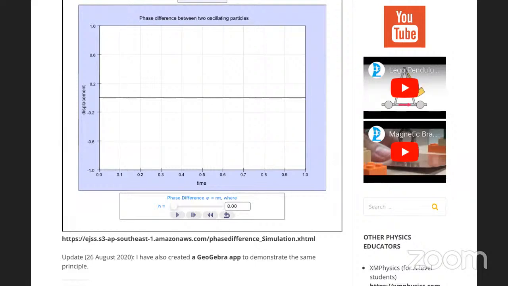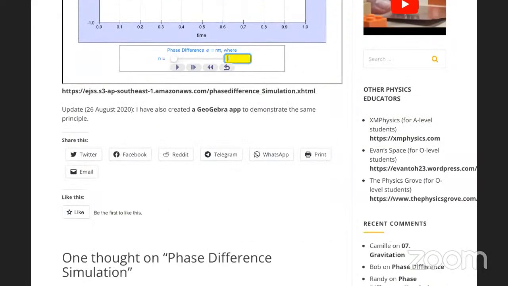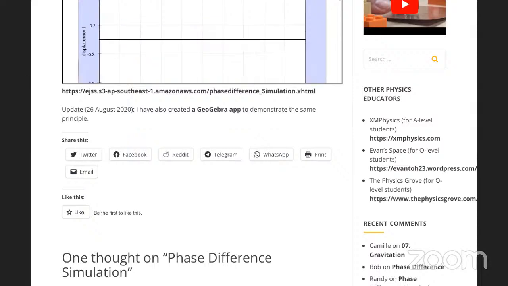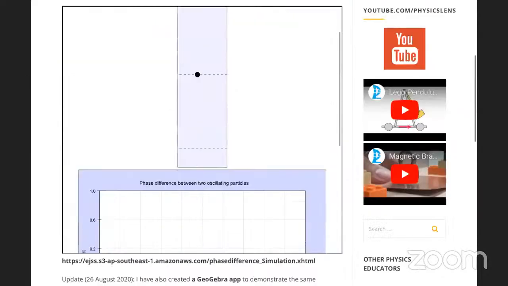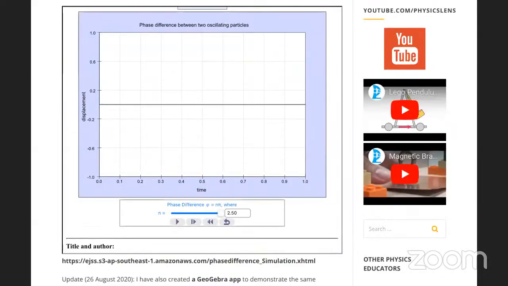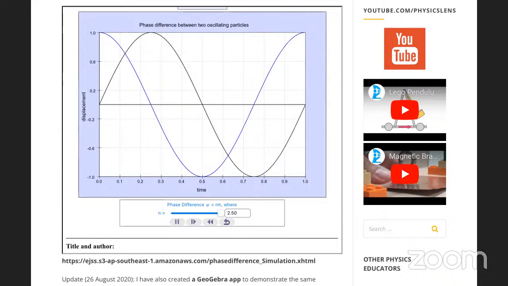Let's do one more. After 2 pi will be 2.5 pi. Look at 2.5 pi. 2.5 was the same as what? 0.5.